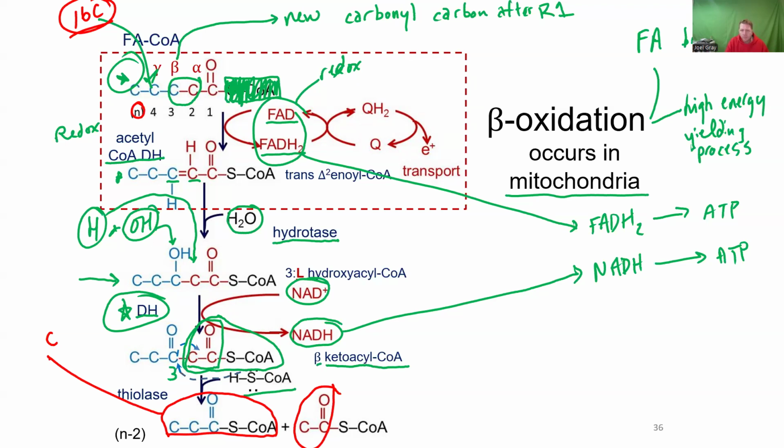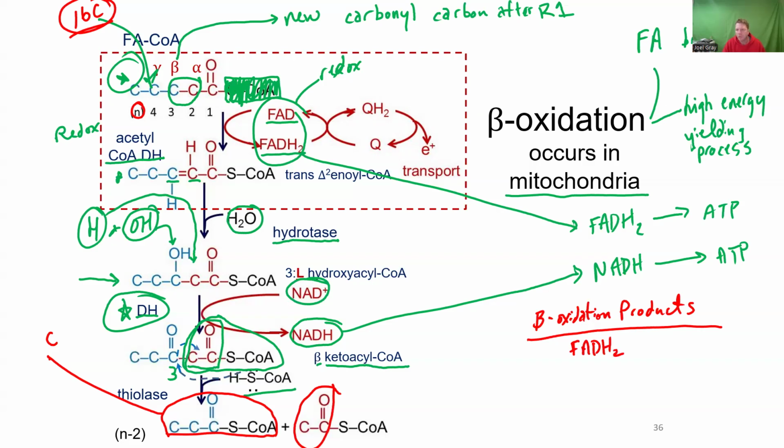Now, in the process, I want you to think about beta oxidation, and I want you to think about products. What are the products that we got from one round of beta oxidation? Well, the direct products that we got: FADH2.